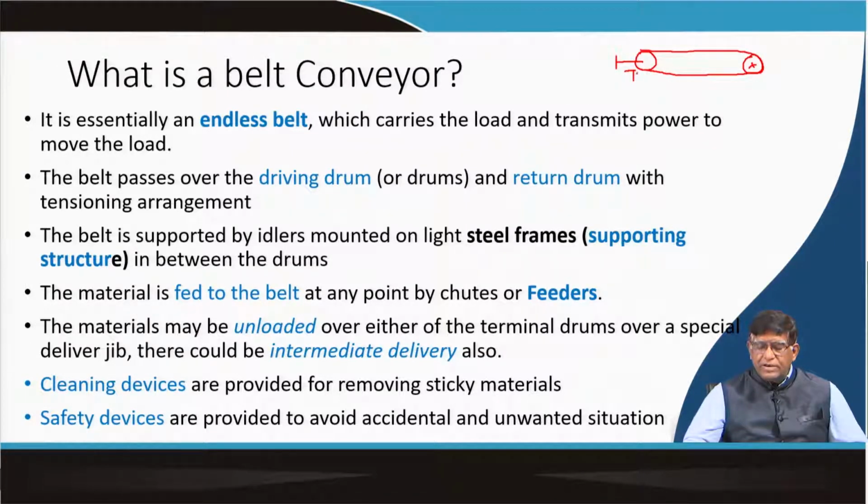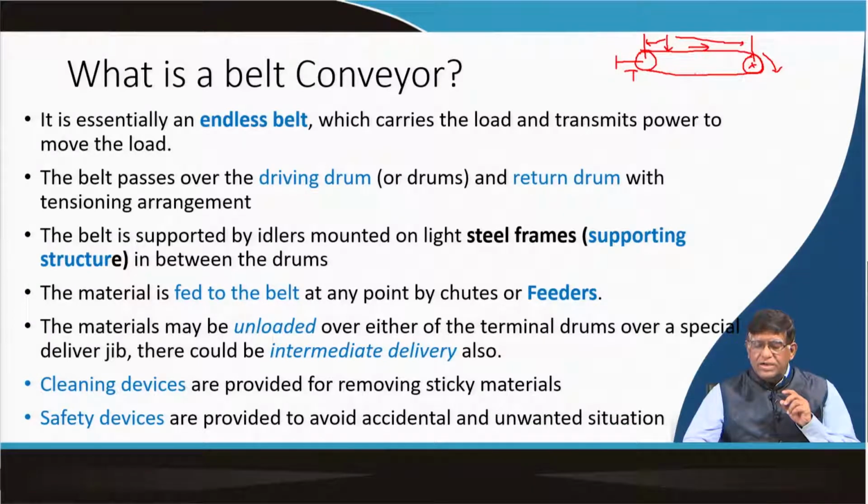That means the distance between this drum and this drum, that is the length of this belt conveyor, can be increased, so that this belt is in a tight condition. Now, the material can be loaded anywhere over this conveyor belt, and it will be carried in this direction, and the material will be discharged from here.